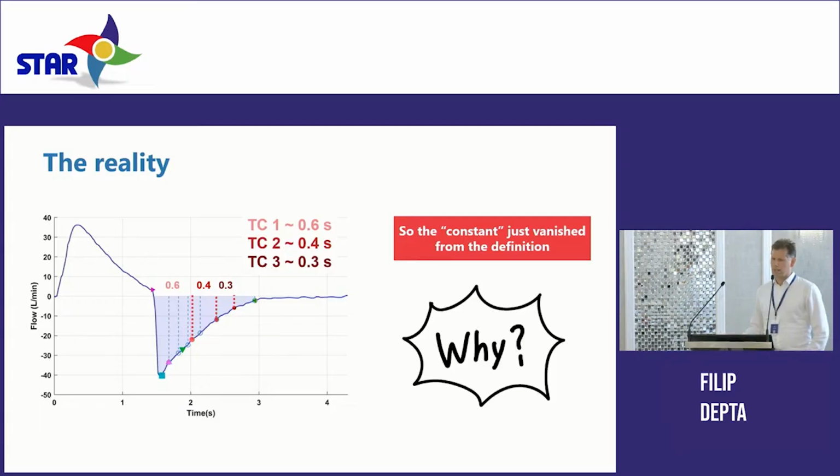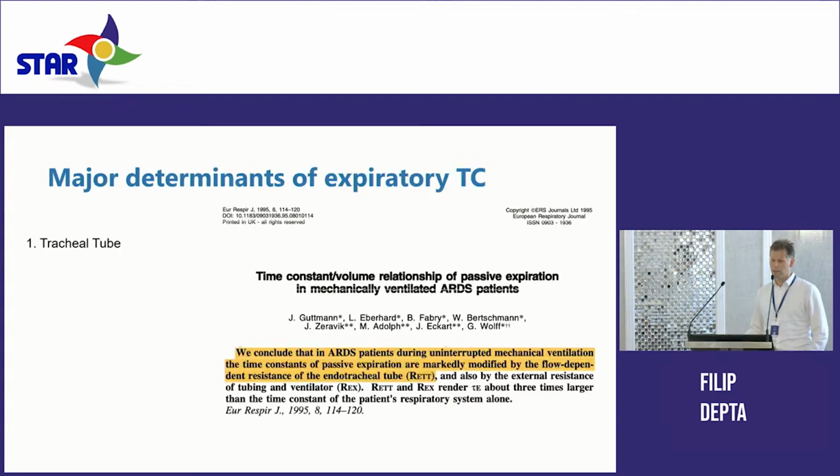So why is that? When we look closer at the physiology and the most notable studies, we'll find what influences the time constant. First is the tracheal tube. We know that the tracheal tube is a major resistance because of its thinnest diameter in the ventilation circuit. And the study by Gutman showed it 30 years ago.